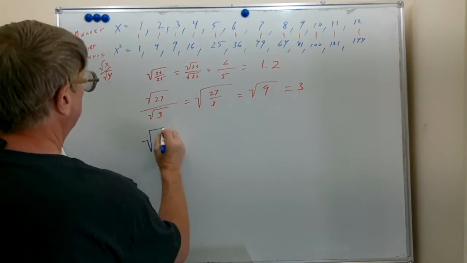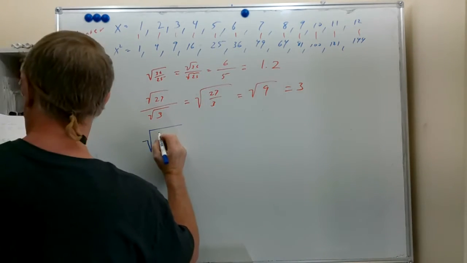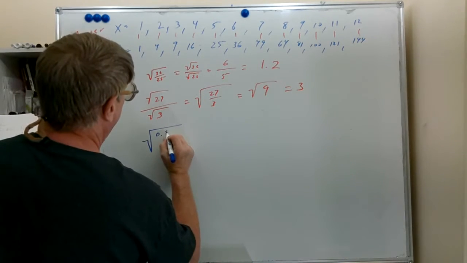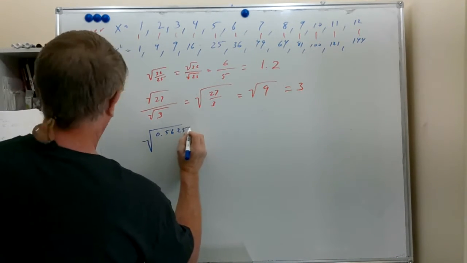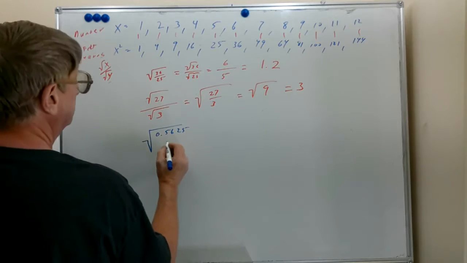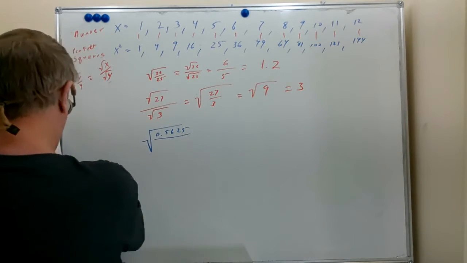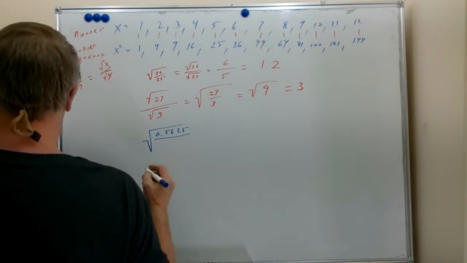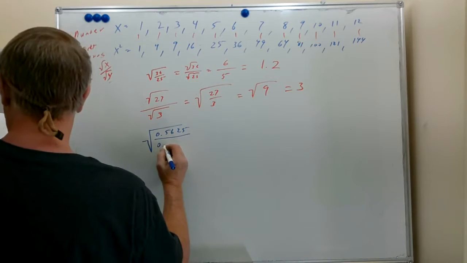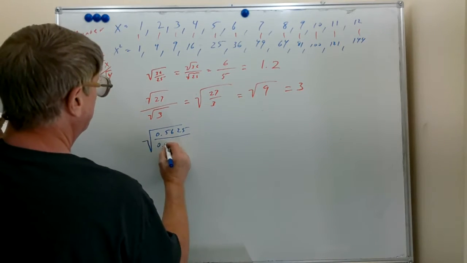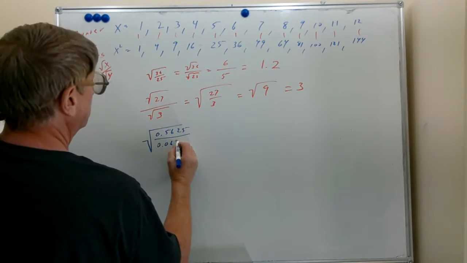This is under the single radical sign of fraction, 0.5625 over 0.0625.